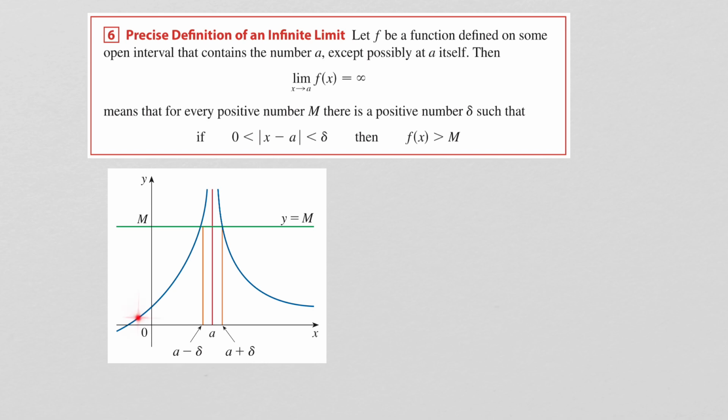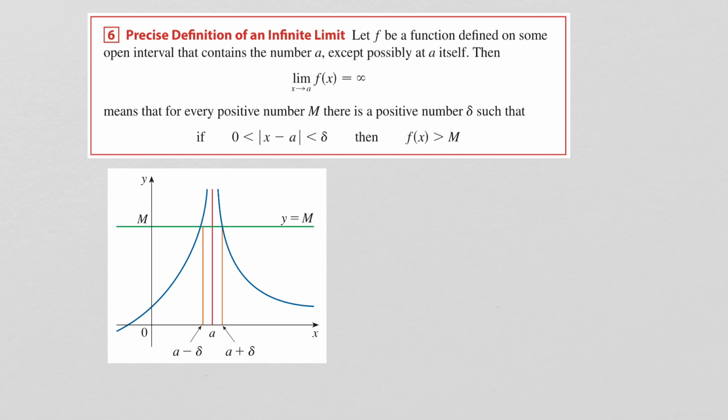So look at the graph here. We have a function, and it does appear that as x gets closer to a, the values of that function are getting higher and higher. If it's truly going to infinity, then what that means is that if you choose some horizontal line, y equals m, the function will eventually be higher than that line as long as x is close enough to a, right?